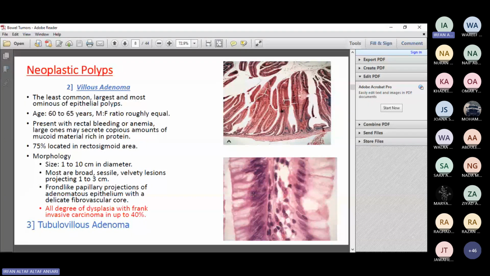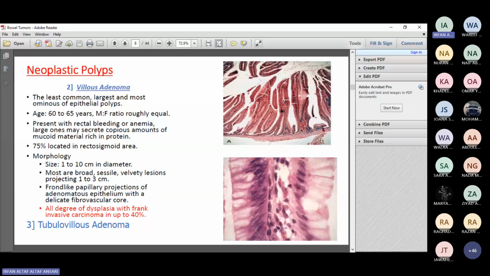They have anemia due to rectal bleeding, and sometimes mucoid diarrhea, a copious amount of stool rich in mucus. Again, their location is most commonly the distal colon, like the rectosigmoid area.